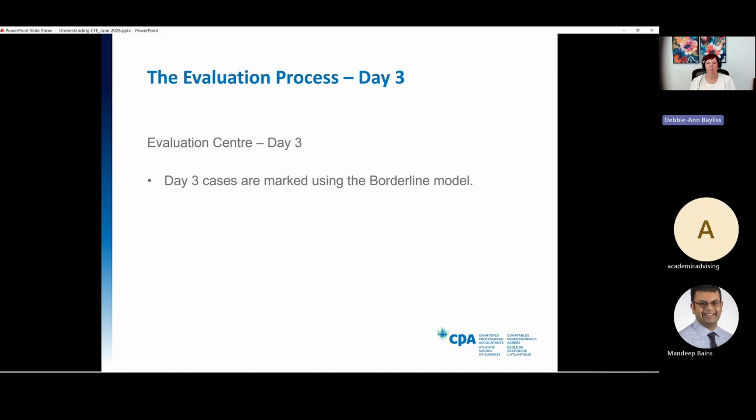If the candidate passes their role-specific level but failed day three, then that day three response will be read and assessed again. If that assessment is different, they will escalate it and the arbitrator would be the final decision maker.